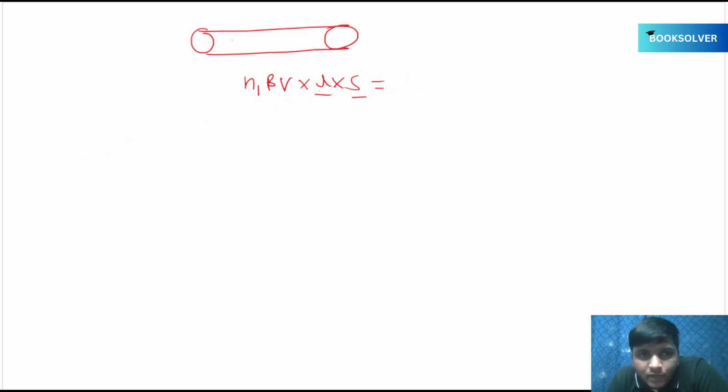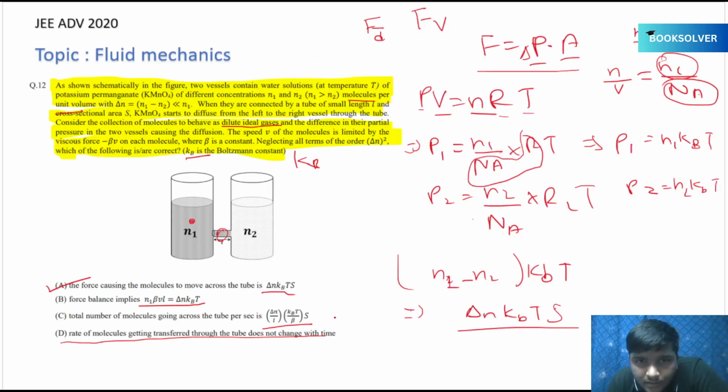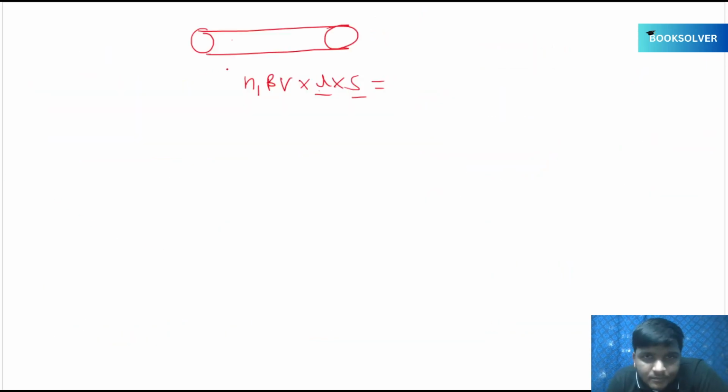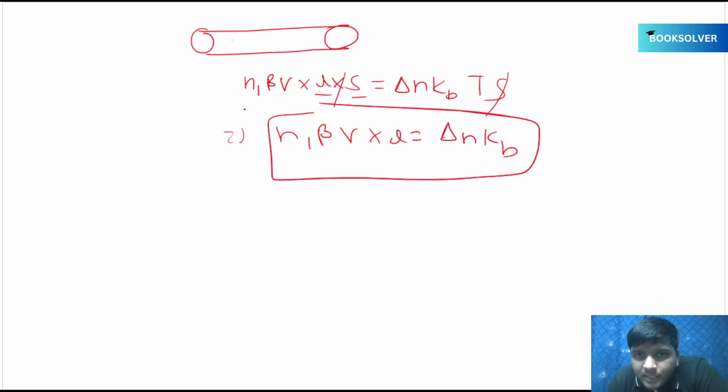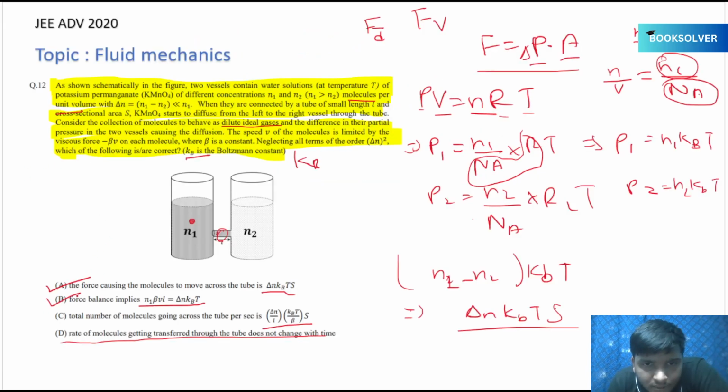Now this should be equal to what we have found earlier, that is delta n kBTS. Cancelling S on both sides, we get N1 beta V into L is equal to delta n kBT. So yes, this implies this, hence we can say that our option B is also correct.